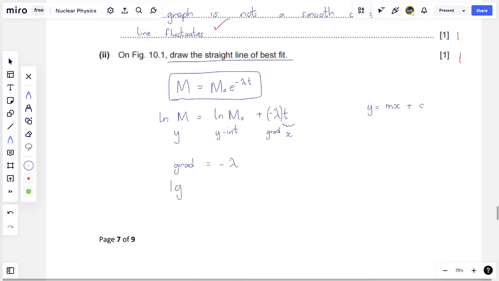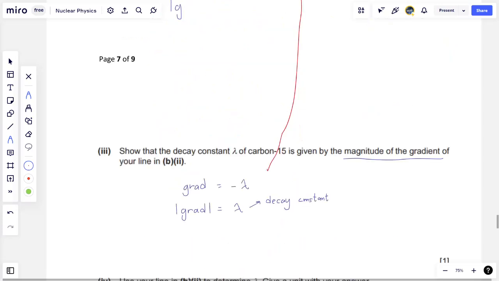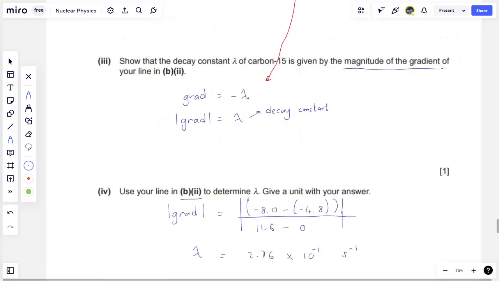So I did a little bit of manipulation with the equation, albeit in the wrong place, and by this manipulation I then led to the idea that the gradient was in fact minus lambda, so the magnitude of the gradient must be lambda, which we know is the decay constant. A lot of working there for that 1 mark.